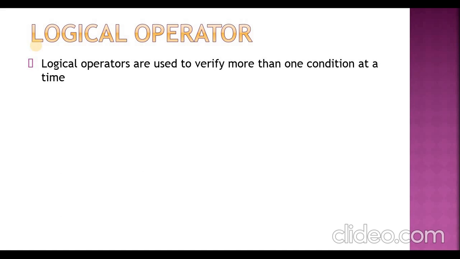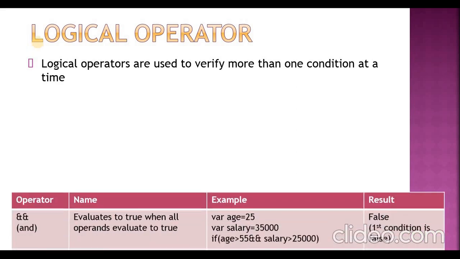So if we have more than one condition to test at a single time, then logical operators can help us to join them. For example, if we have to check if a number is divisible by 4 as well as it is divisible by 10, in that case, these two conditions can be joined using logical operators. We have 3 different logical operators.